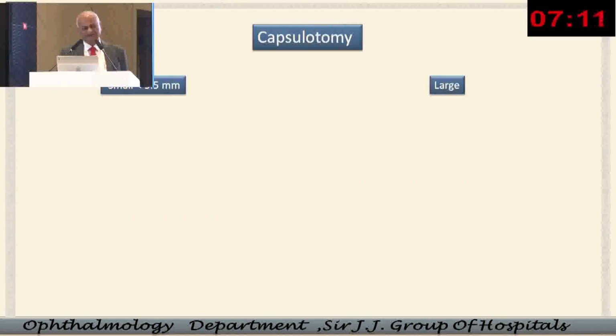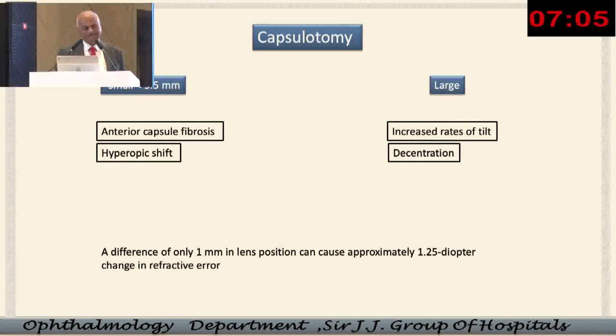And here the capsulotomy, if it is a small size, less than 5.5, or a large size, what happens? You can get anterior capsular fibrosis or hyperopic shift if it is small, and if it is large, you will get an increased rate of tilt, or you can have decentration.